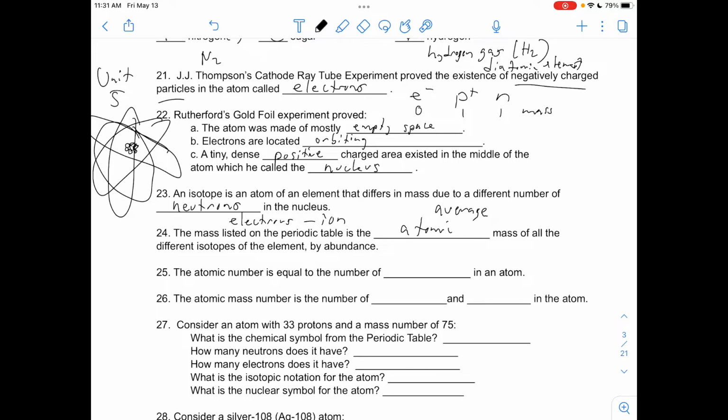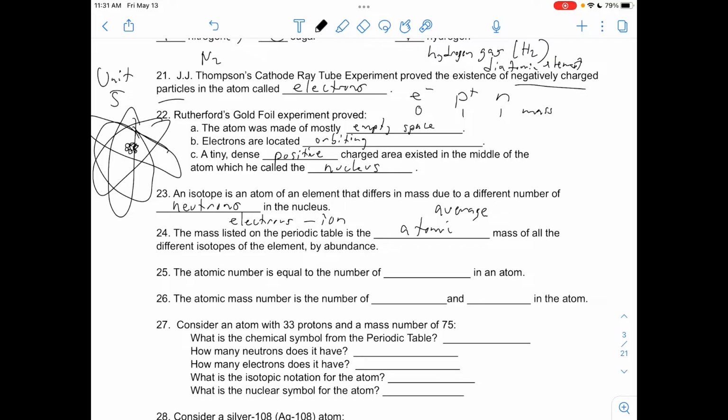So for example, if we found all of the helium atoms in the universe, most of them have an atomic mass of 4, but every once in a while you have a helium with an atomic mass of 5. It has an extra neutron, and so we average them. Because most of them have an atomic mass of 4, that's why it's 4.00260.